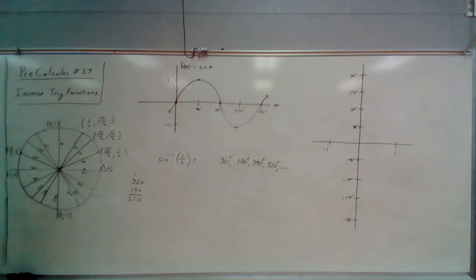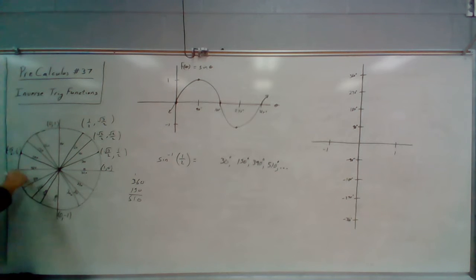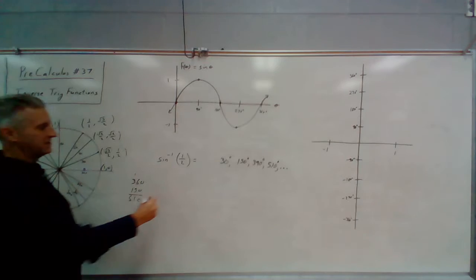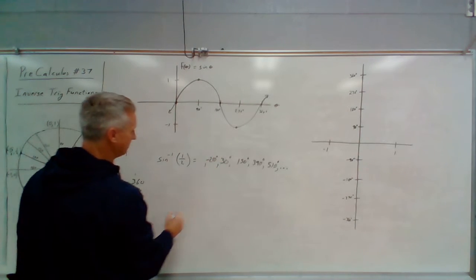Then you could also go backwards around the circle. So I could also go this way. That would be negative 330 degrees. Or I could go backwards to this point. That would be negative 210. So that would be another answer. Negative 210 degrees.